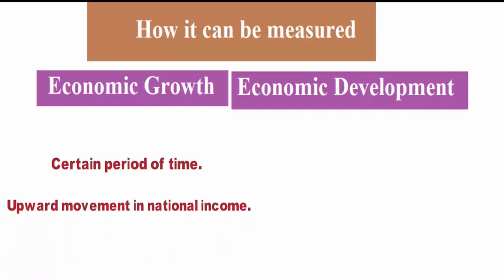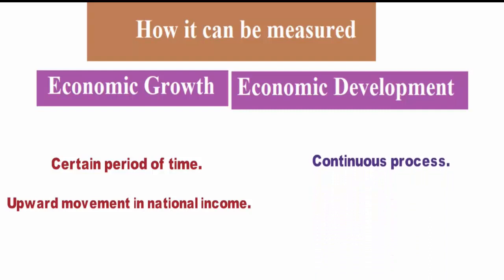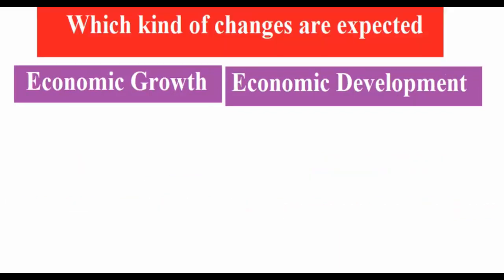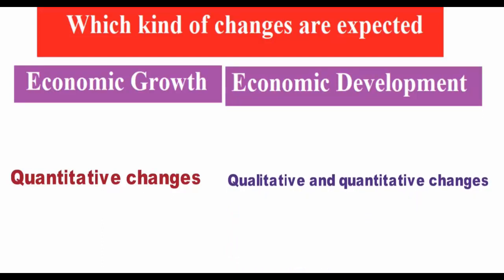Economic growth can be measured when there is a positive change in the national income, as opposed to economic development, which is a continuous process so that it can be seen in the long run, whereas economic development can be seen when there is an increase in real national income. Which kind of changes are expected? Economic growth results in quantitative changes, but economic development brings both quantitative and qualitative changes.